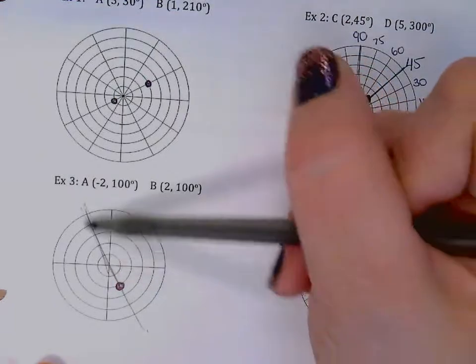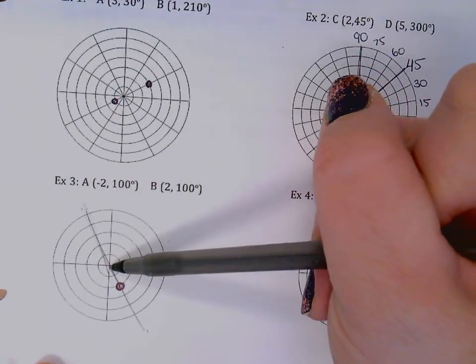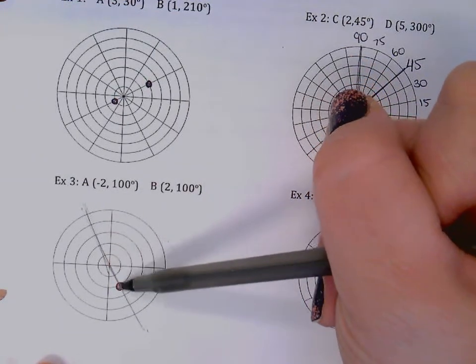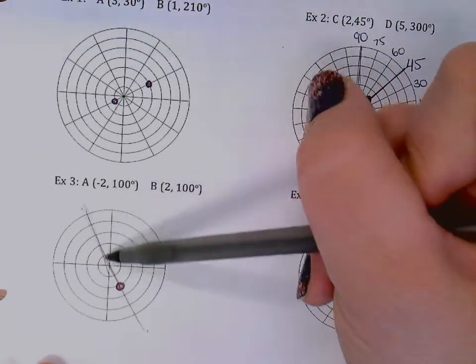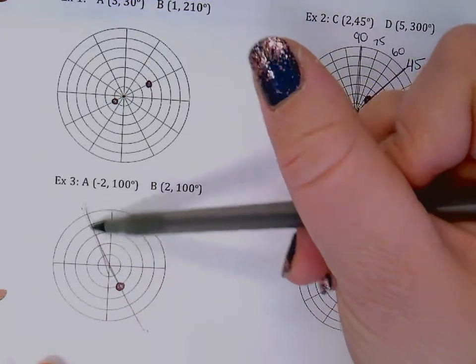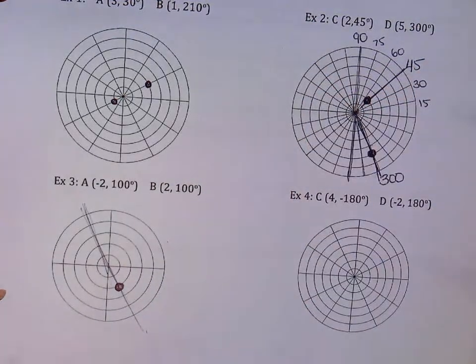If this spoke was the 100, I'm starting at the origin and walking away from 100. So you don't have to figure out which angle this is, because it's going to be directly across from the 100 angle.